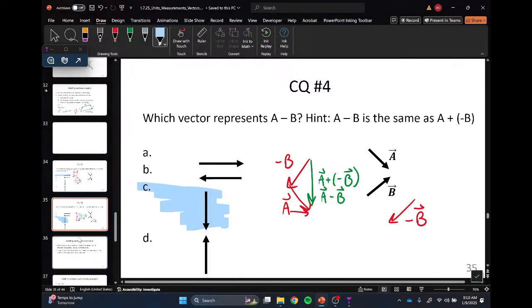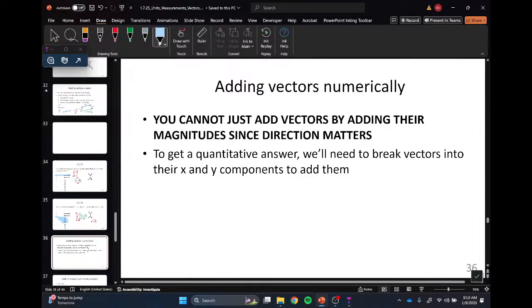Now we got to actually add them numerically. And I think I showed a little bit of this before. But as I mentioned, this is where pictures are great. Pictures give you a decently accurate depiction of something. Numbers give you precision. The reason we use math is math gives us precise numbers, and you need precise numbers. It's like saying someone's blood pressure is high.